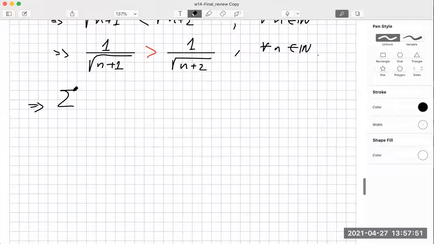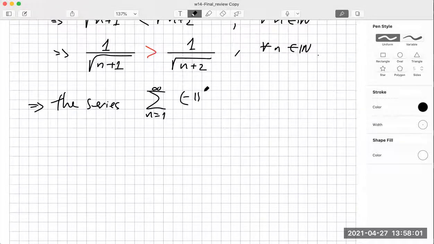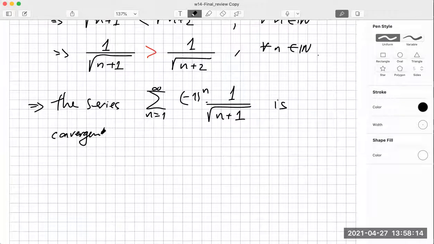Therefore, the series is converging, right? Yes, convergent, by the alternating series test.